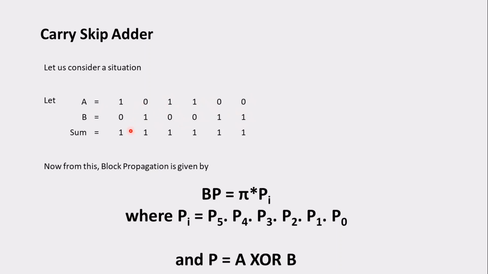When A and B are totally different, the carry generated is totally 0. So there is no carry generation at all when A is not equal to B. When A is not equal to B, we should not wait for this operation. We can compute all these bits in parallel, so that we can achieve the result somewhat faster.